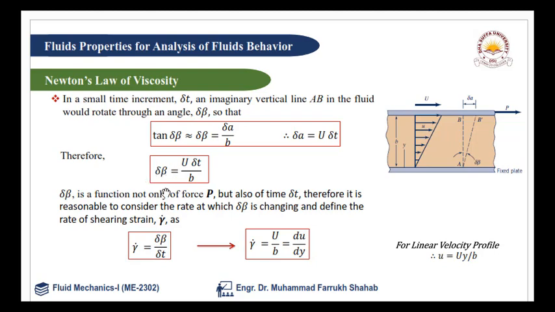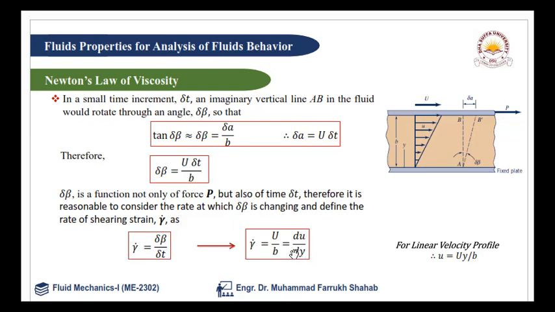So if I divide this relation by delta t, I can cancel out this delta t. What will we be left with? Gamma dot, which is the strain rate. Strain rate means the angular change, delta beta divided by delta t. From this equation I can find that the strain rate equals u upon b, which equals du upon dy.